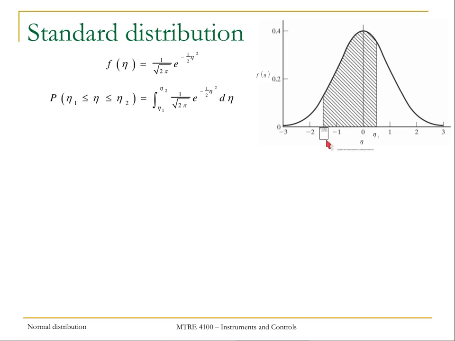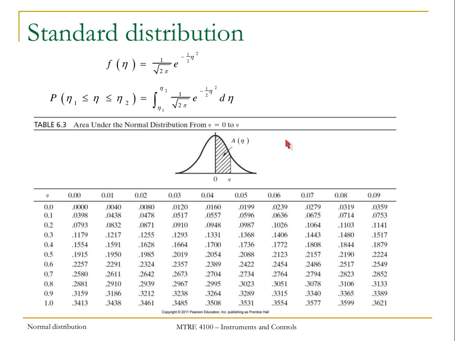The eta 1 didn't come through, but anyway, this lower limit is eta 1 and this is eta 2. And again, this is the integral here. So if we want to find the probability of getting eta values between eta 1 and eta 2, we would compute this integral. And since that integral can't be computed analytically, it's done in a table, and then we can look up the values for the integral from that table.